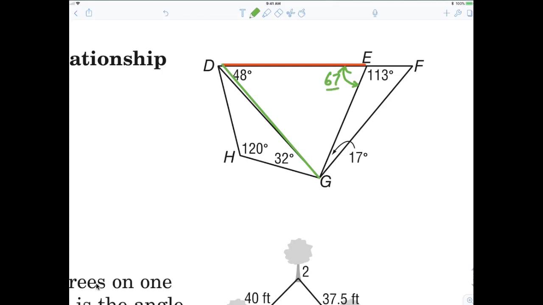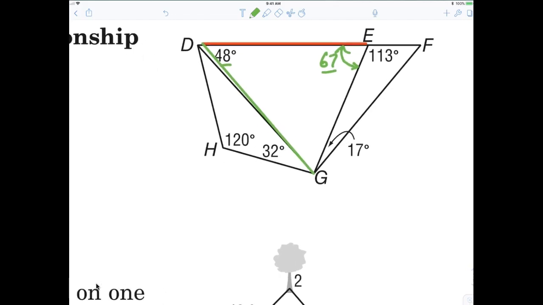So then 67 plus 48 is 115, right? How does that answer the question? It doesn't. That's 65 degrees. Because now you can say that DG is greater than DE, because you know the angles.